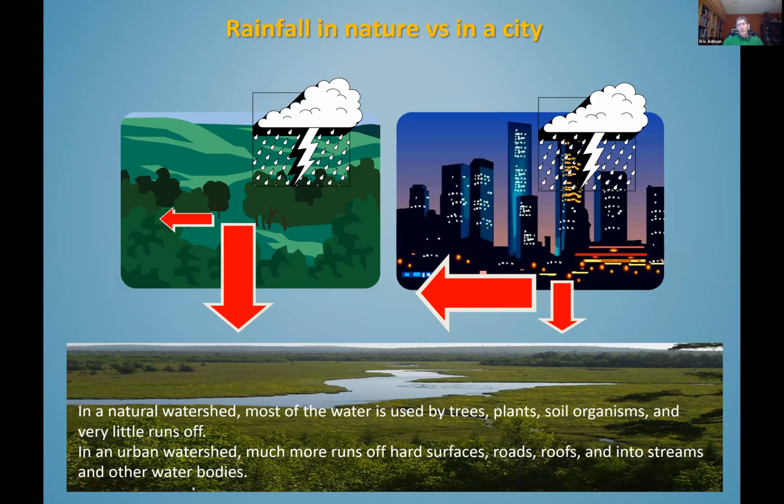If you look at a stream that flows through a natural area and look at what happens when it rains, you find that the level of the stream comes up very slowly, but then when it quits raining, the level drops slowly. Whereas if you look at a stream running through an urban area, when it rains, because the water just lands on those hard surfaces and runs off, the water level comes up very rapidly, and then it runs off very rapidly. It quits running off once the rain quits falling. So essentially your stream level would come up very rapidly, and then it would tend to drop rapidly after it quits raining because there's little groundwater recharge happening.